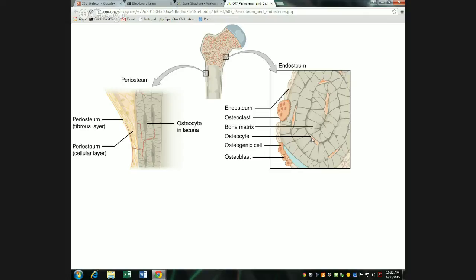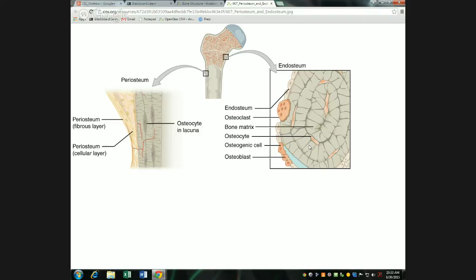But we can see them here, again, sort of sandwiched between layers. Once the bone matrix is formed, there needs to be cells there to help maintain that tissue. They'll continue secreting proteins to maintain the health of the bone matrix, keep the calcium structure strong, and that sort of thing in there.